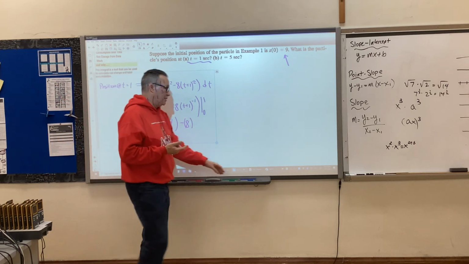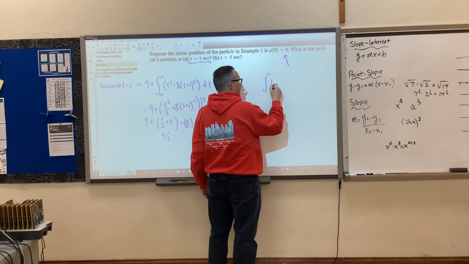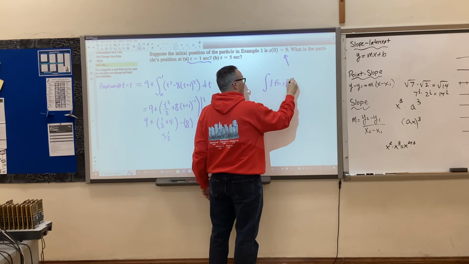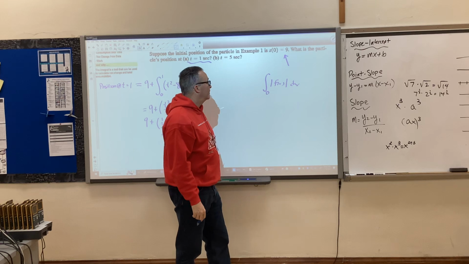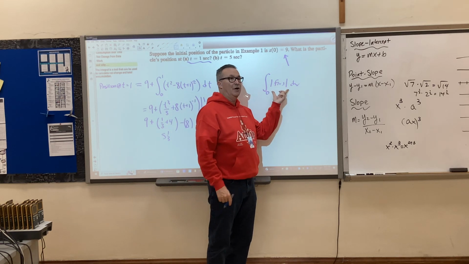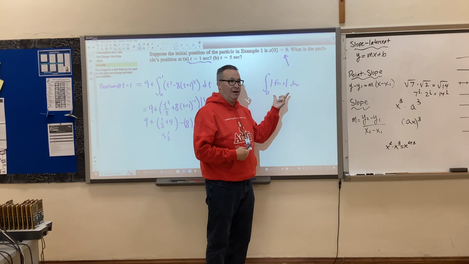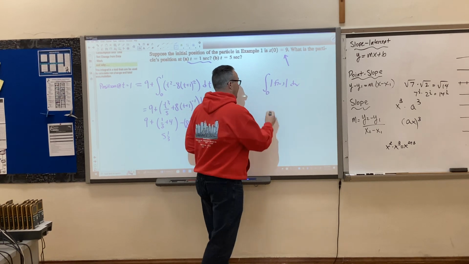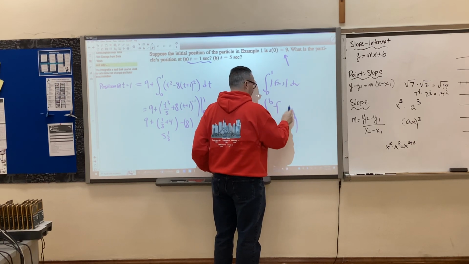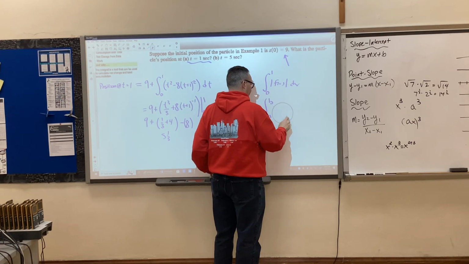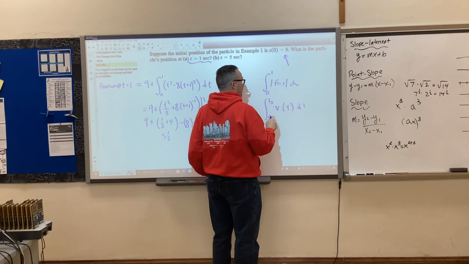On the last test, we had total area under the curve, right? And I gave you the example of the absolute value of the function for whatever interval, from a to b. So this is how to find the total distance traveled. Displacement is, no, it's not f, it's v. This is displacement, and total distance.